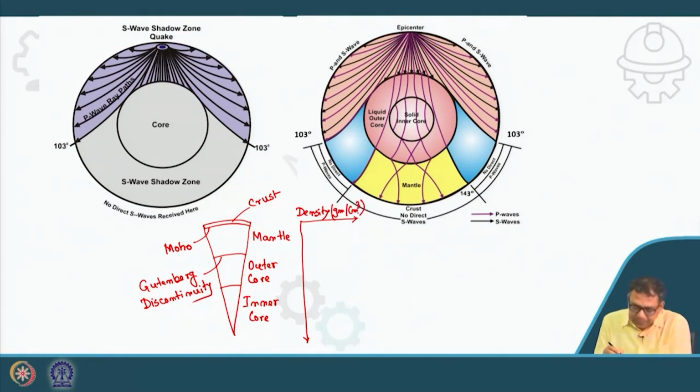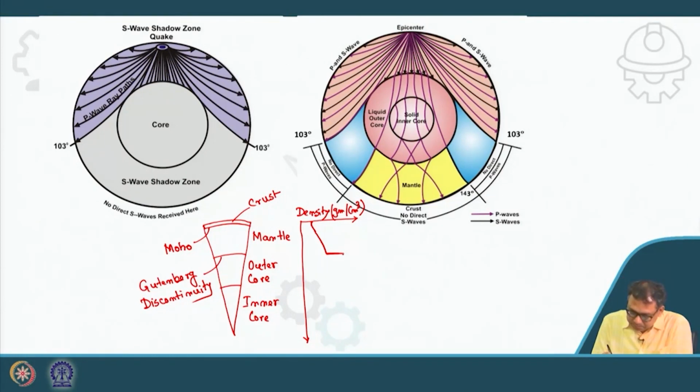You can see that the density of the crust is the lowest, then it will increase up to the boundary of mantle and core. Then at this boundary it will suddenly increase, though the outer core is liquid in nature, still at this boundary the density will increase.